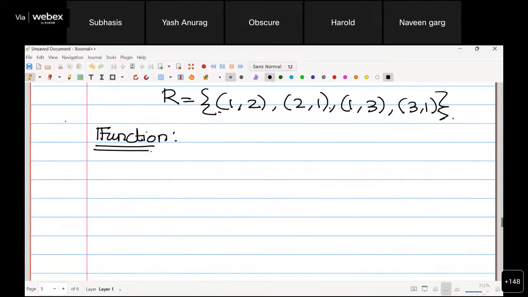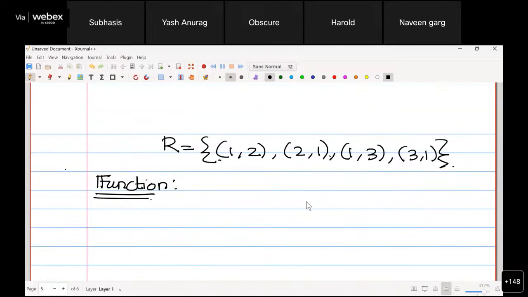Now, functions. A function is basically a relation. For example, suppose you see this relation, you have 1, 2, and 3.